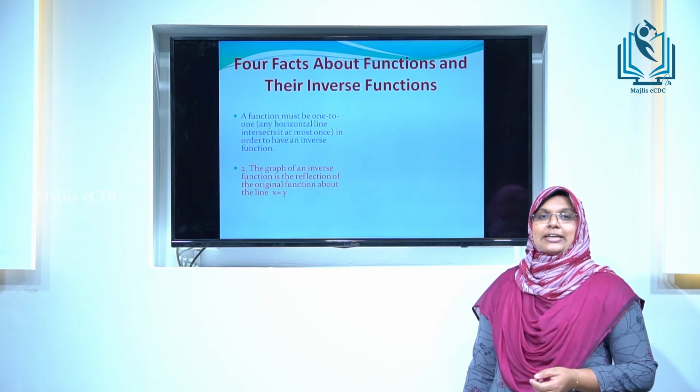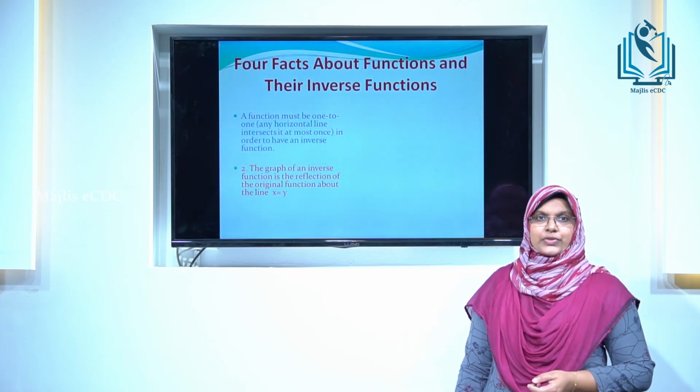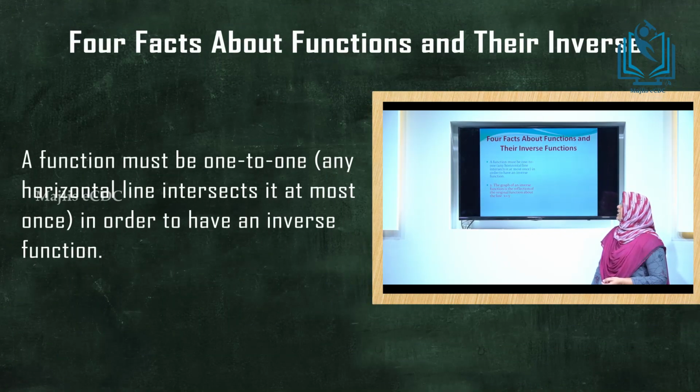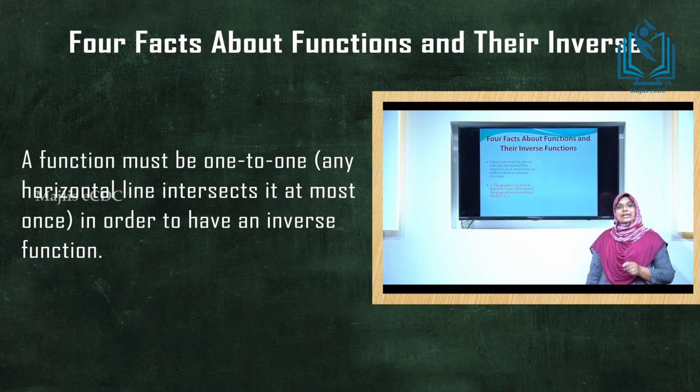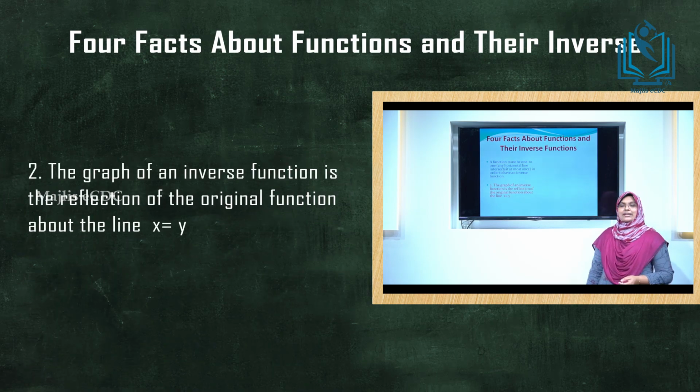There are 4 facts about functions and their inverse. First one, a function must be one-to-one in order to have an inverse function. That is, any horizontal line intersects the graph at most once. Second point, the graph of an inverse function is the reflection of the original function about the line y equals x.